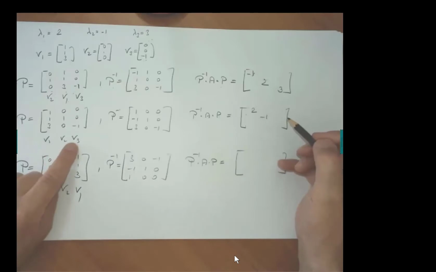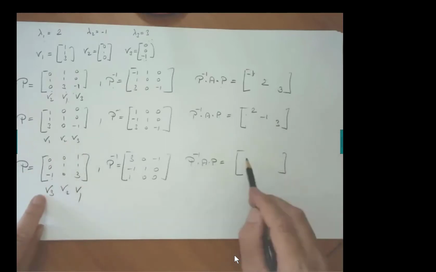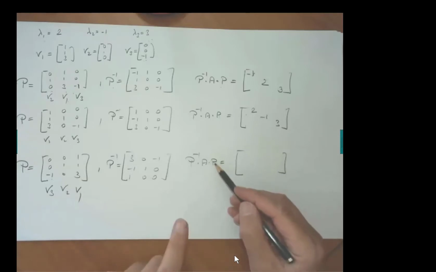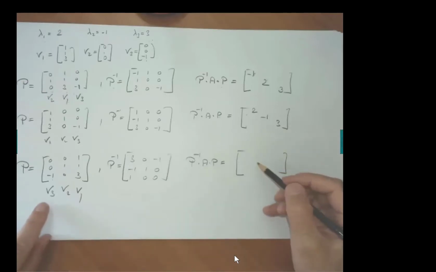And eigenvalue for V3 is 3. And now the last one. Again, we get a diagonal matrix. That has to be because the columns of P are eigenvectors. But what diagonal you get depends on the order, how you order them.